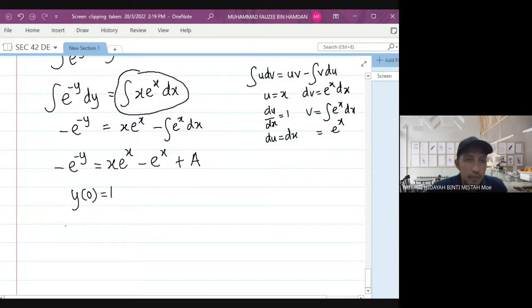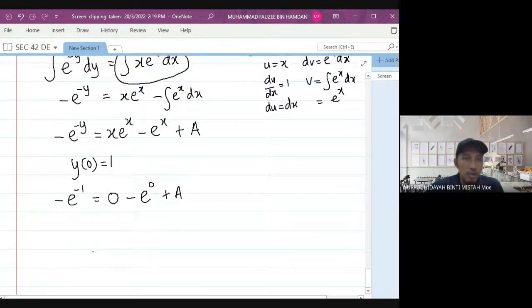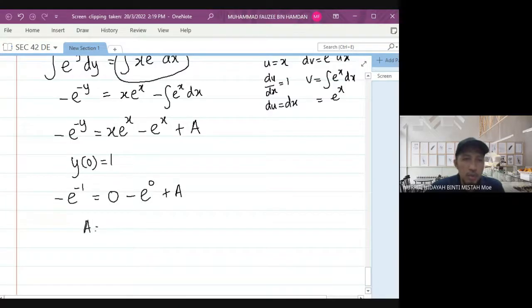So you will have negative e to the power negative 1 equal to, when x is equal to 0, this becomes 0 minus e to the power of 0 plus a. So a is equal to 1 minus e to the power of minus 1, if you want to write that.